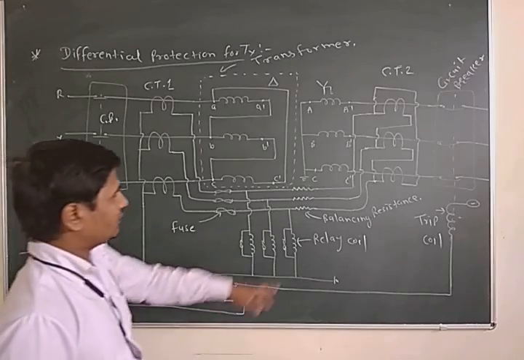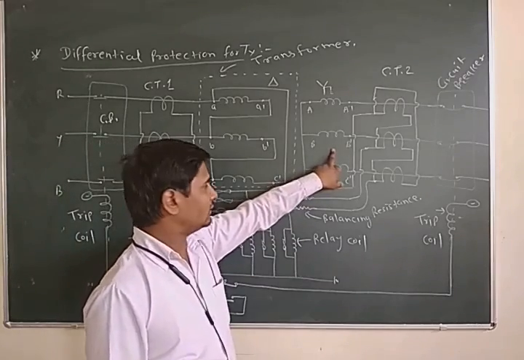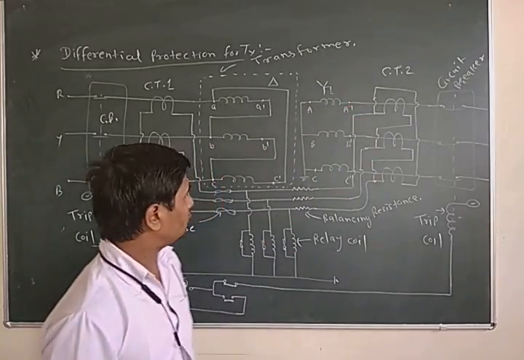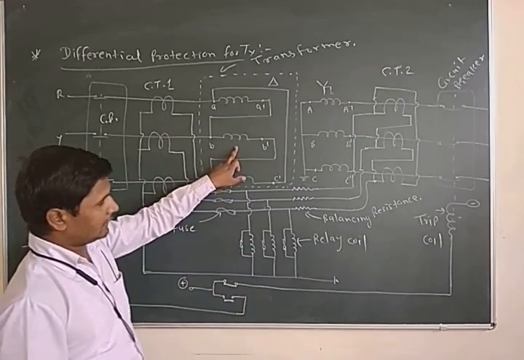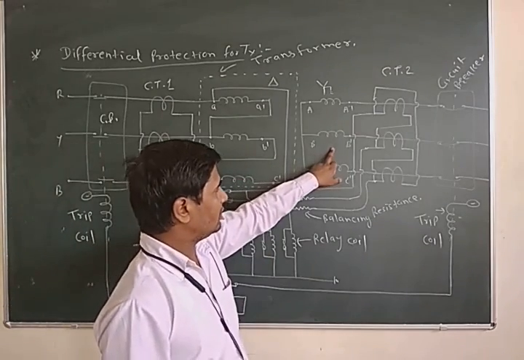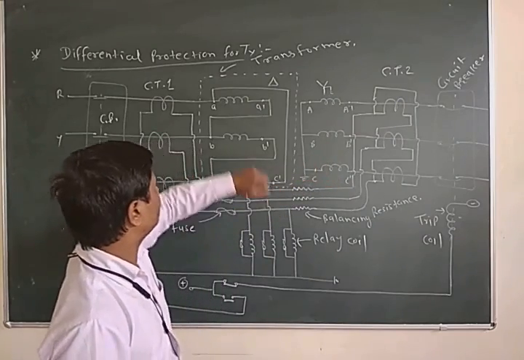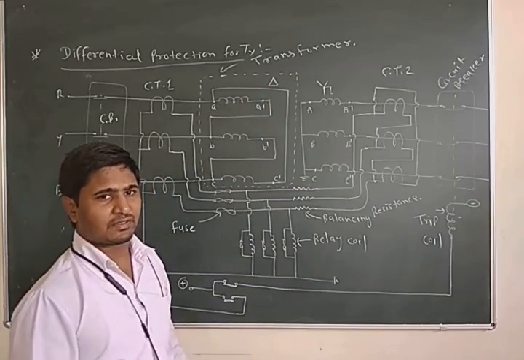This type of connection is known as star connection, and with grounding, star ground. Now this transformer is a delta-star connected transformer, and we have to protect this transformer using a differential protection scheme.